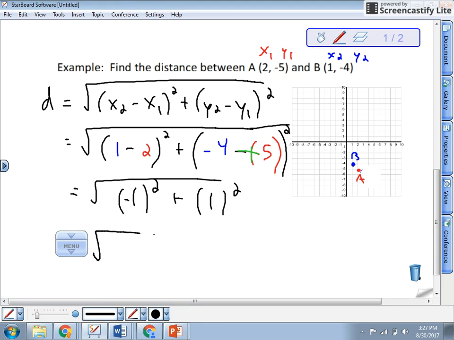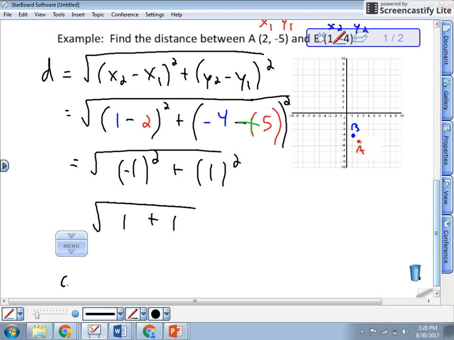Well, -1 times itself is +1, plus 1 times itself is +1. So our distance equals the square root of 2. Now, if it asks for a decimal, you just put it in your calculator, which would equal approximately, that's the approximate symbol, 1.4. And that is how you do the distance formula.